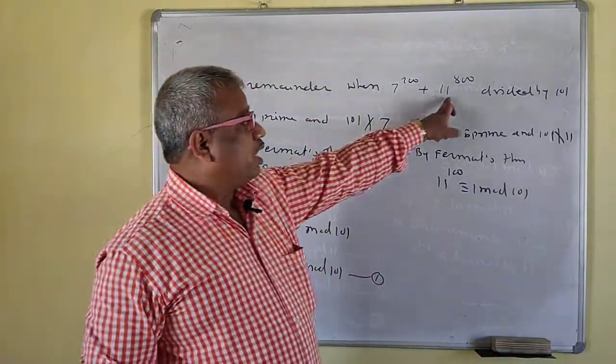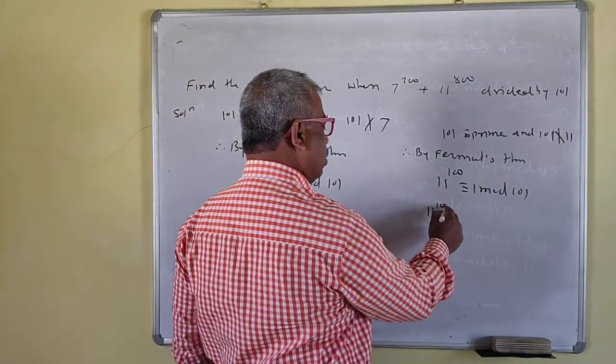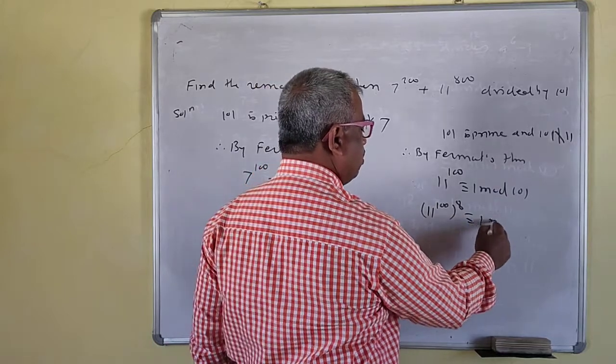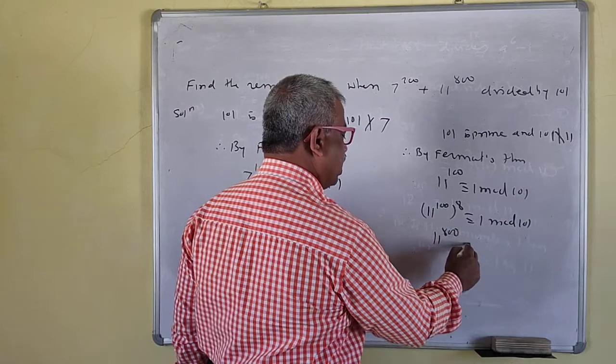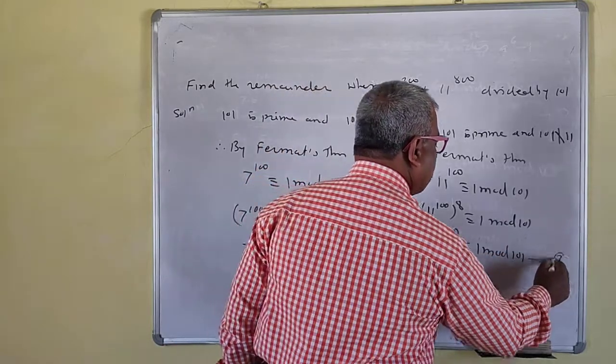Now you want 11 to the power 800, so we take the 8th power. 11 raised to 100 to the power 8. So 1 to the power 8 is 1 mod 101. So 11 to the power 800 is congruent to 1 mod 101. I will call this 2.